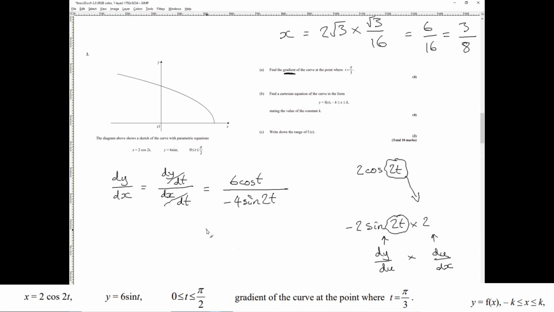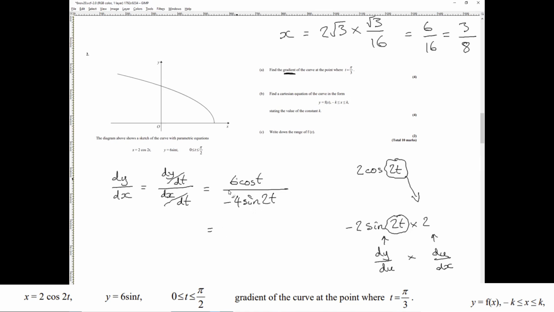So that'll simplify slightly, won't it? To what? So cos of a sine is, well, it's sine of 2t, so we can't use tan or cot.